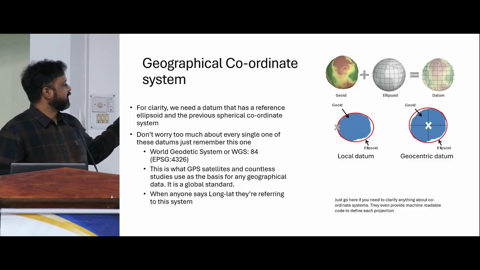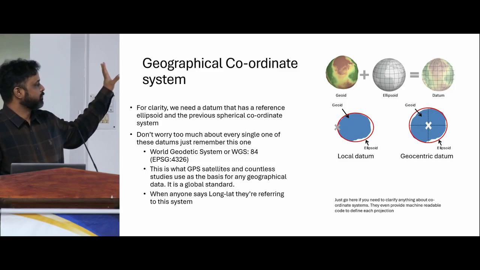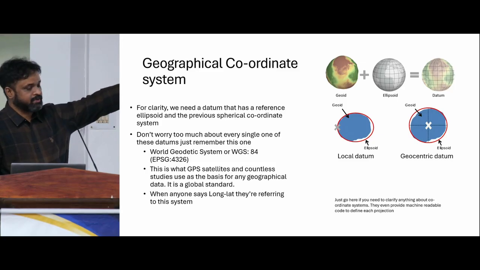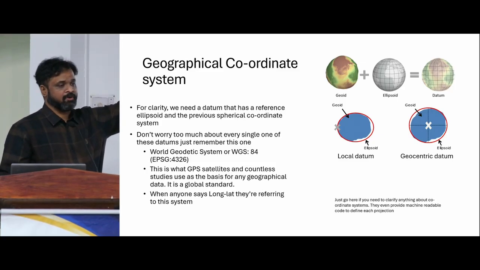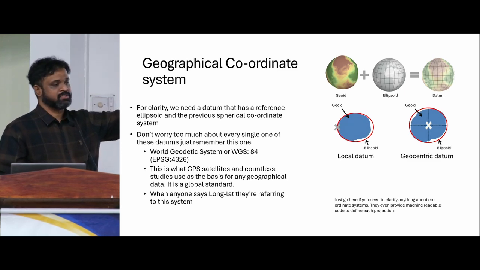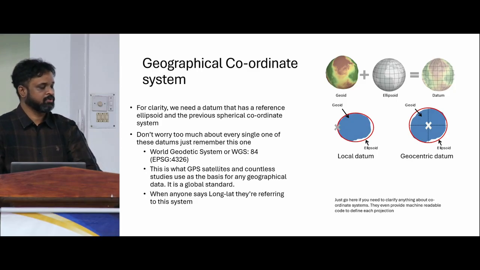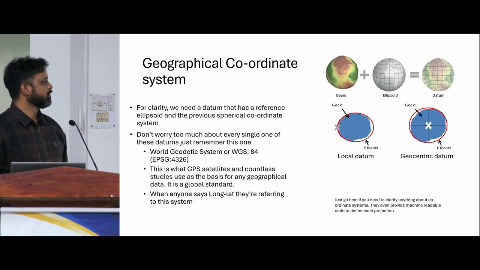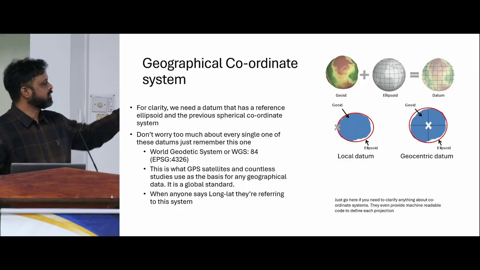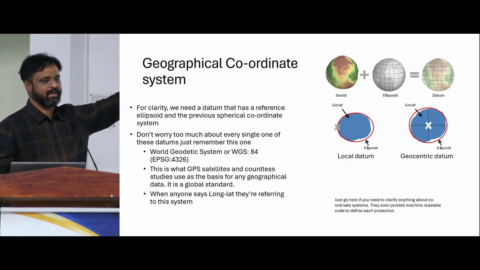So there are multiple different ones. For example, as I was saying, the Earth is not perfectly round. So we have one thing called a geocentric datum, which is usually called WGS 84, which is the current standard that we're using, which assumes that the Earth is broadly fitting that kind of geodesic form.